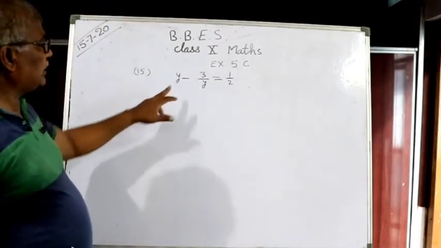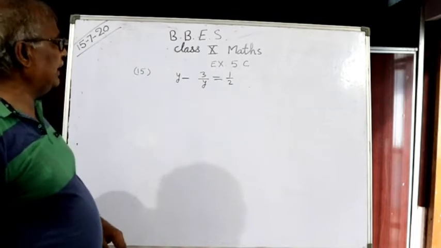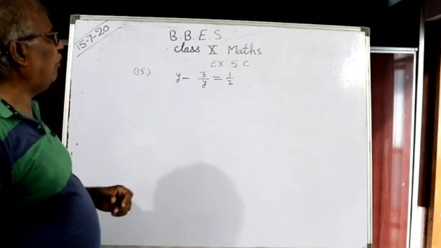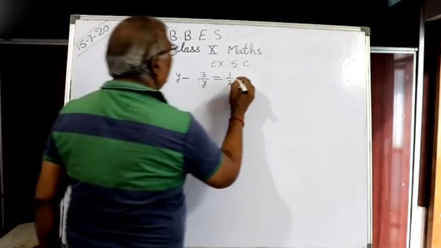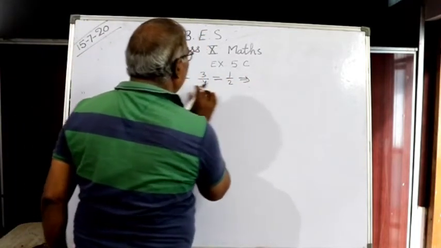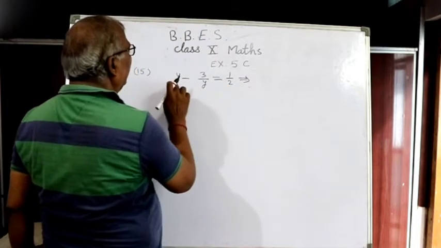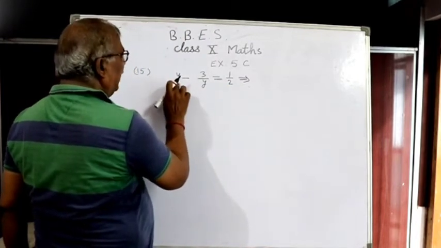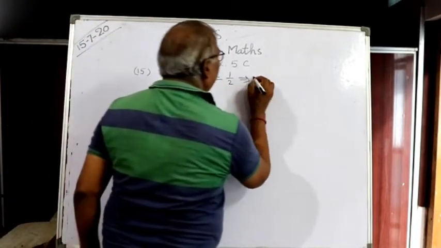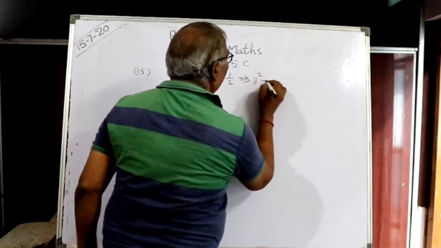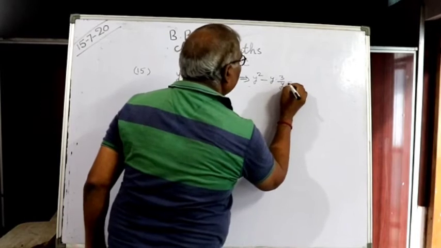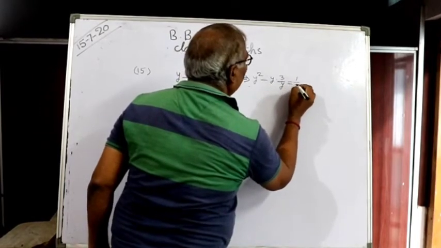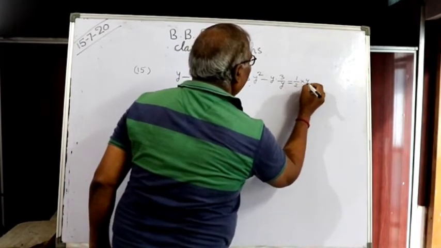Now, first we will write this equation in the standard form. Here y is in the denominator, so we will multiply both sides by y. We multiply this y by y, then we get y square minus y into 3 upon y is equal to 1 upon 2 into y.